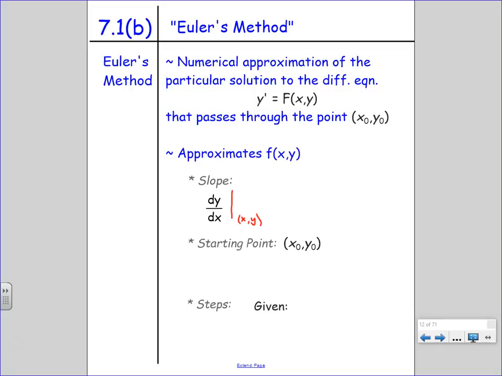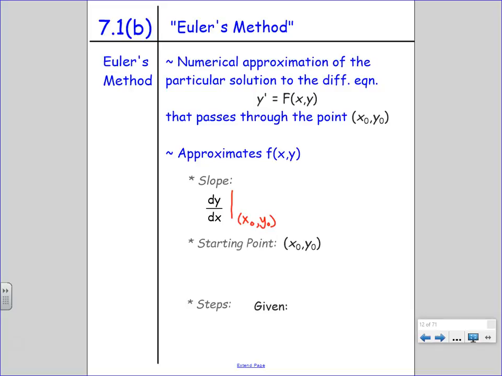Steps. If we have a slope and if we have a point, what have we done before that? Given a slope and a point, we can make a line. Theoretically, to get the ball rolling, we could put a specific slope m at x sub naught, y sub naught.